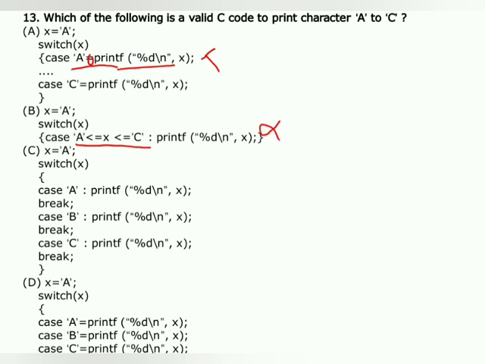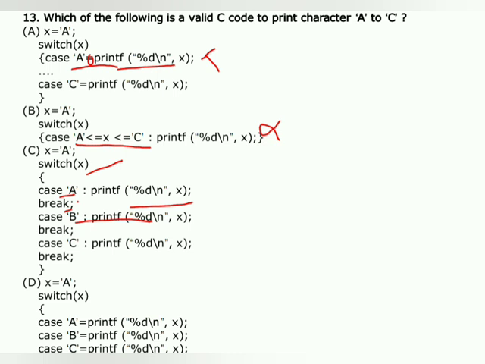Next we will check option C here. So option C is valid and it is following the correct syntax of the switch statement. So switch statement followed by case A colon, particular statement, case value and break statement, case value and break statement.